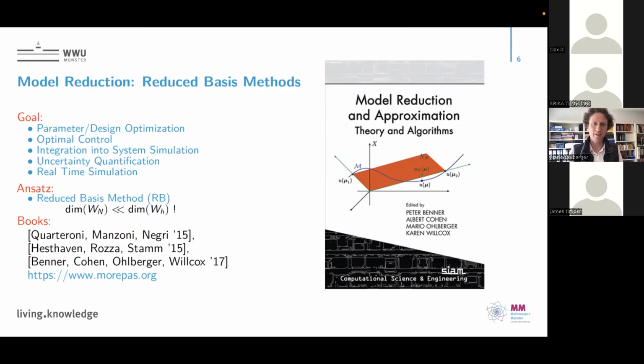And I think that in this audience, you are aware of the classical technologies behind error estimation, then using this in a greedy algorithm to construct reduced spaces that have much smaller dimension than the high dimensional one, or alternatively to use POD methods. And when such a low dimensional space is constructed, then you project your original equation to this low dimensional space in order to come up with a reduced model.